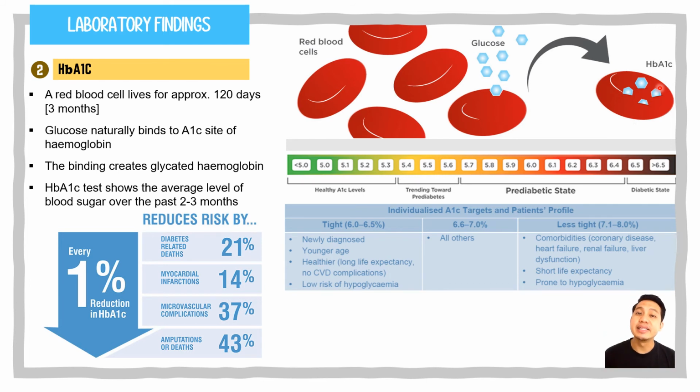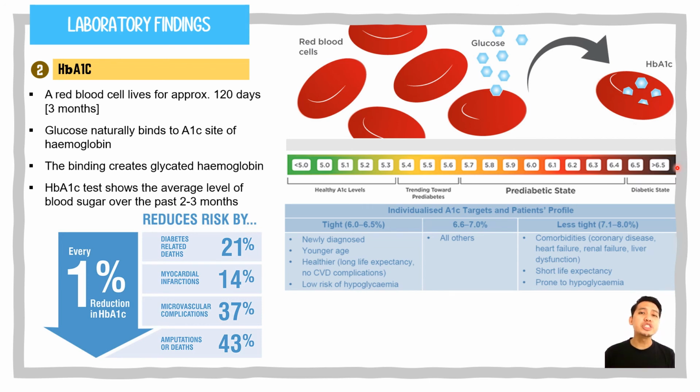This means the HbA1c test is an indicator showing the average level of blood sugar over the past 2 to 3 months. Healthy HbA1c levels are less than 5.3%, and a diabetic patient has more than 6.5%.